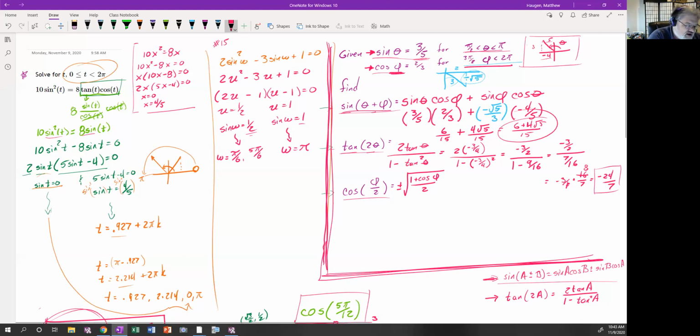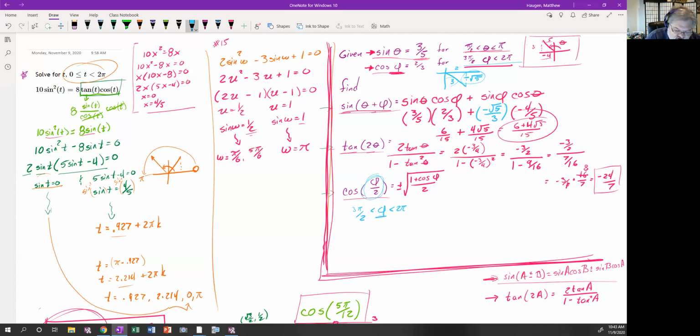So let's remind ourselves here that phi is supposed to be between 3 pi over 2 and 2 pi. So phi is in quadrant 4, and we might be tempted to think, well, cosine in quadrant 4 is positive, so this thing's going to be positive. But we're not finding the cosine of phi, we're finding the cosine of half of phi.